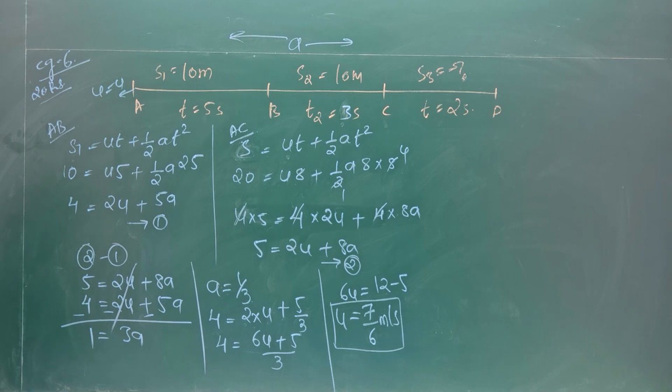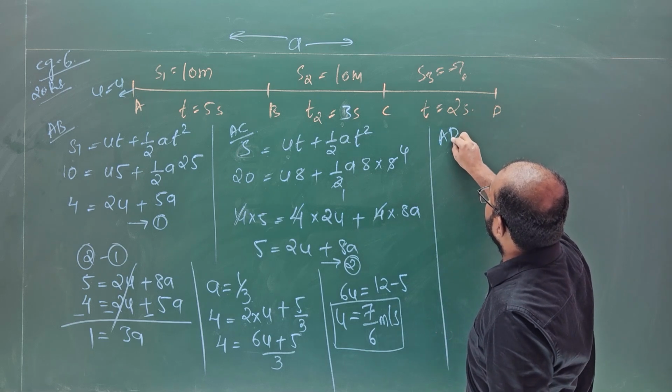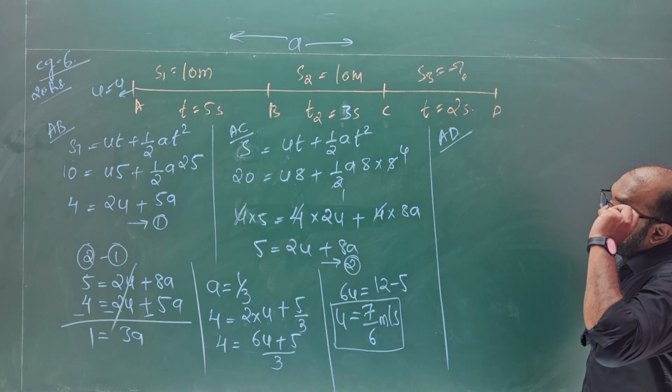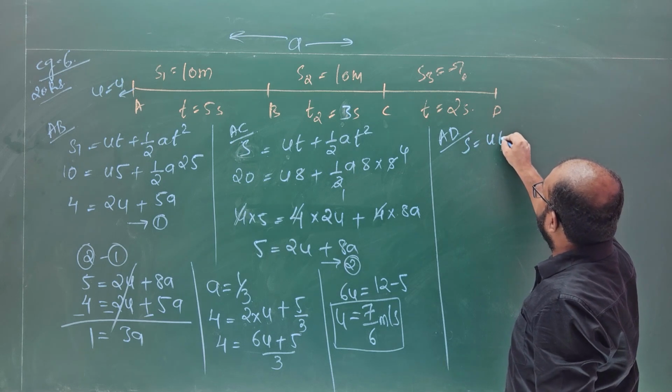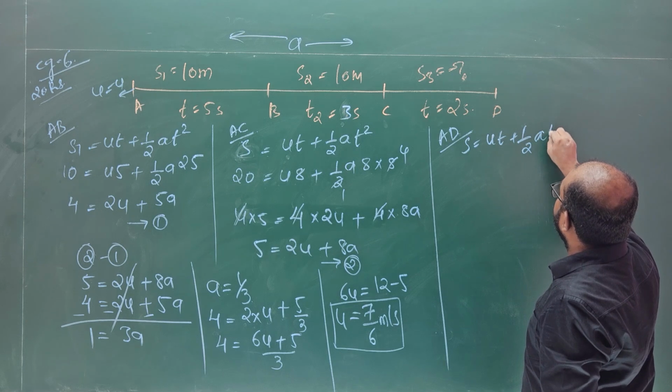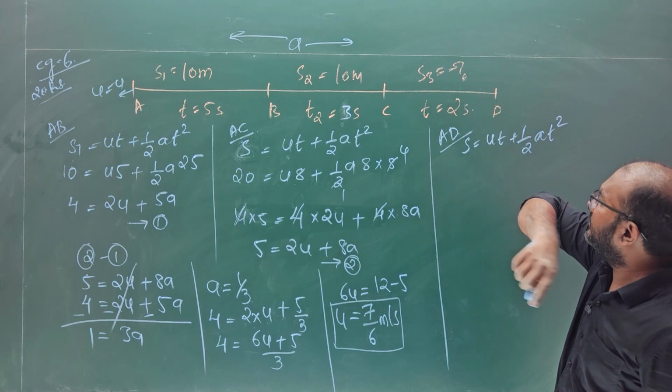Now substituting what? In the whole journey. Okay, very good. That is from A to D. Now, initial velocity. So S is equal to again ut plus half at square. This time becomes 10 seconds, right? 3 plus 2 plus 5.